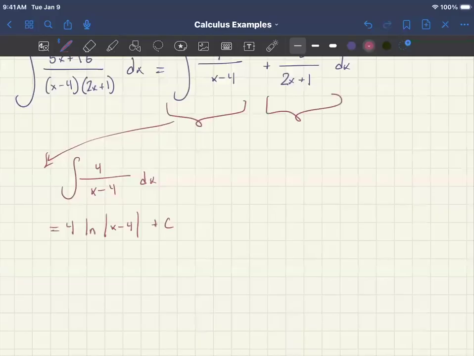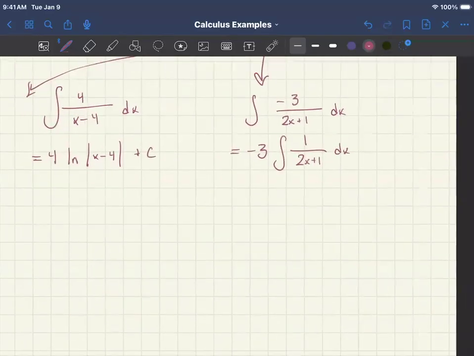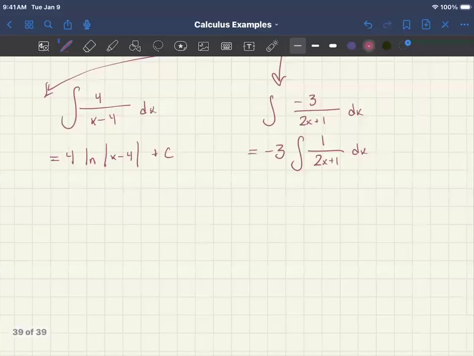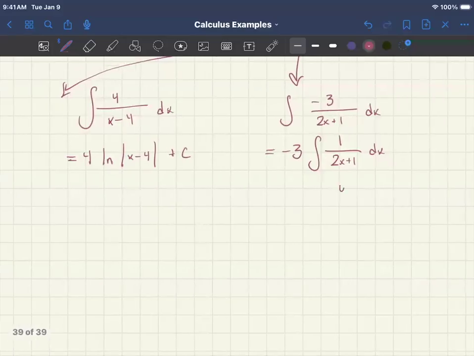The second bit here is going to be a little bit different because of that 2 in front of the x in the denominator. I just wanted to show this to you. Once you get used to this, you don't have to actually go through and do this work. It'll just come naturally. In this case, we'd have u equal to 2x plus 1. Our du is 2 dx, and that tells us that 1/2 du is equal to dx.